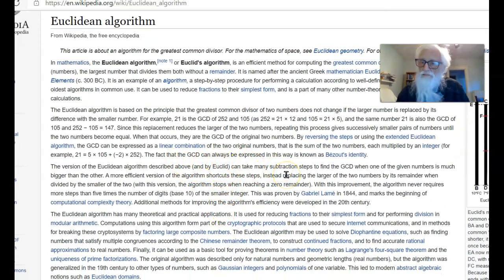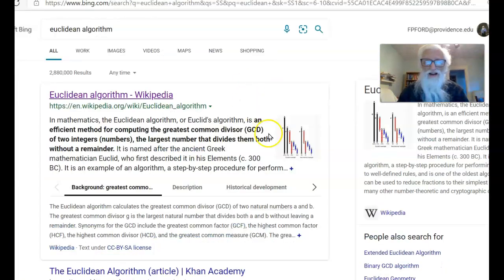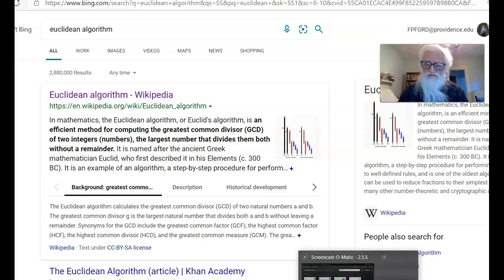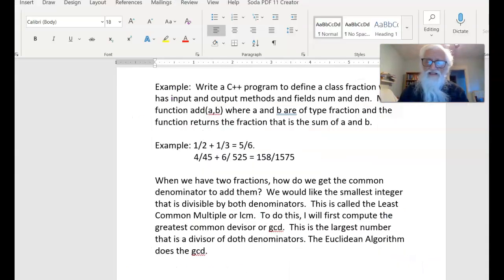Now it comes from Euclid, and Euclid lived around 300 BC. He's one of the most famous Greek mathematicians. He actually wrote a book that was used to teach geometry up until about 1900.